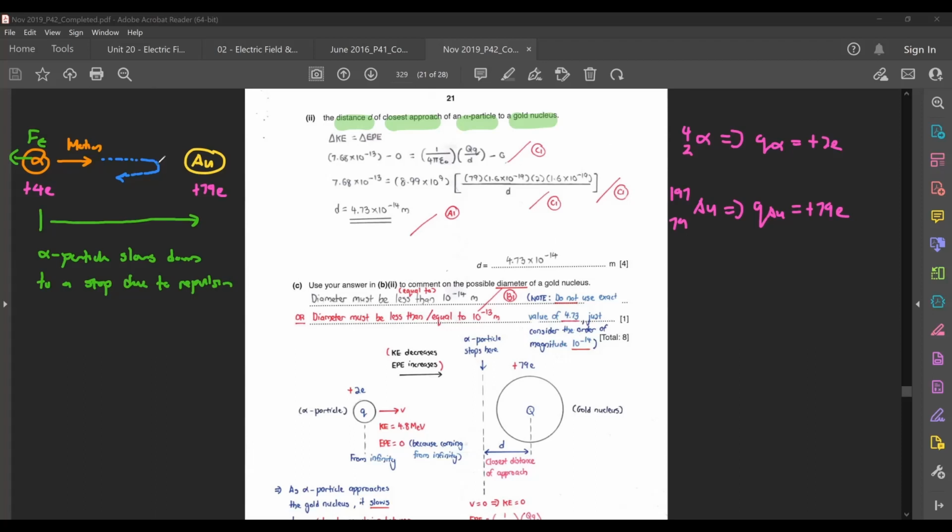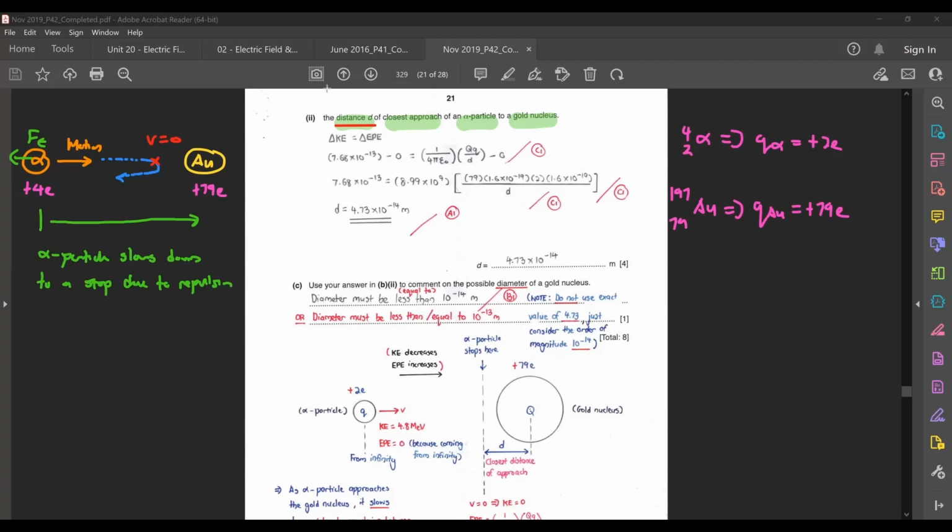Let's just say that it slows down to a stop here. This one will be considered as the distance of your closest approach, the distance of closest approach from an alpha particle to a gold nucleus. This particular d that they're talking about refers to how close can your alpha particle come to the gold nucleus. How far is it from the gold nucleus will it ever reach?